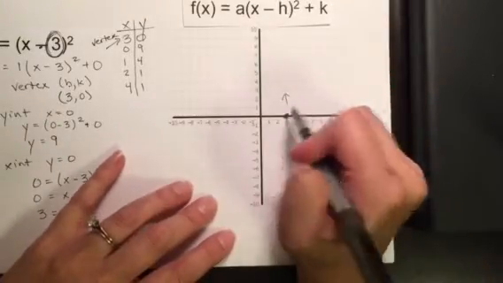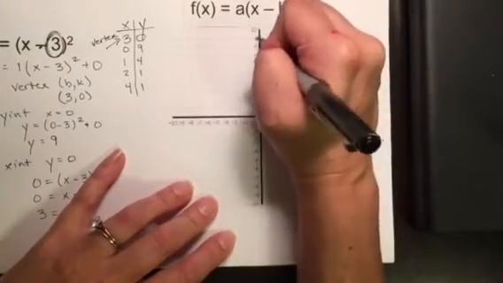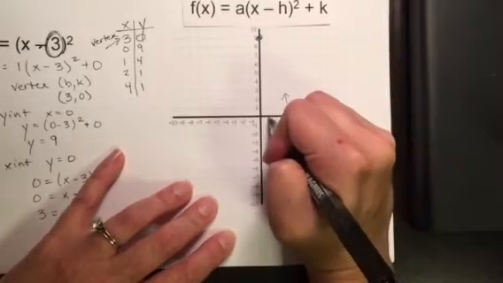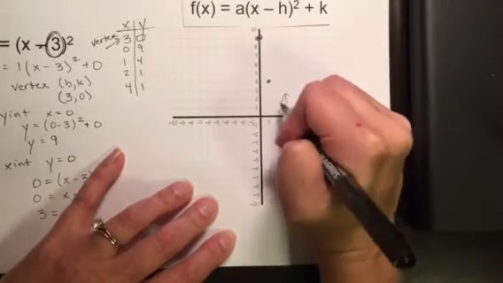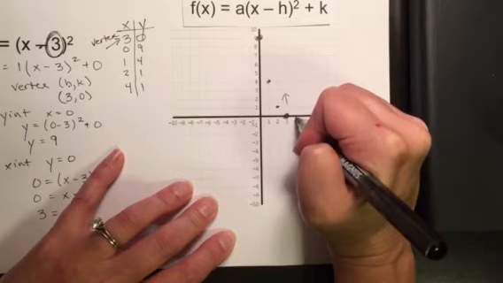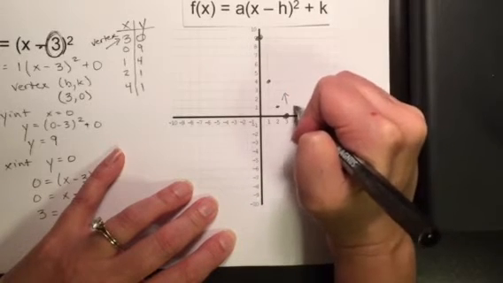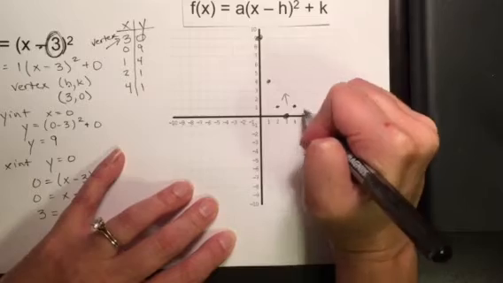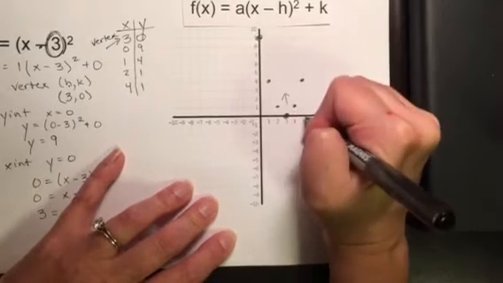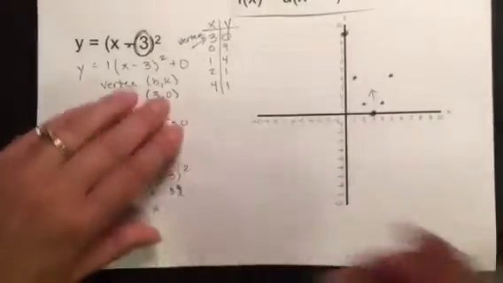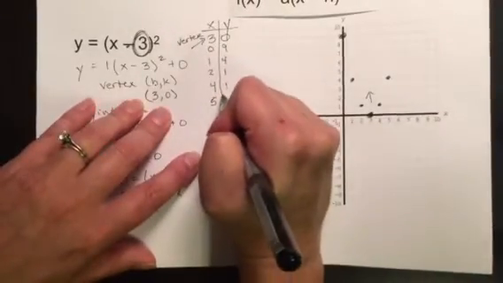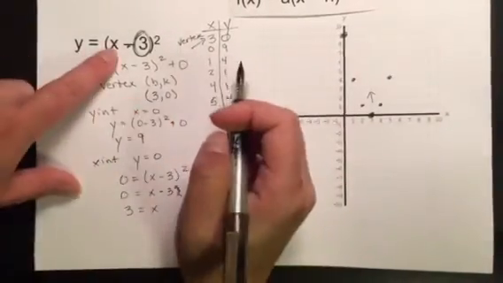All right, so I've got my 3, 0, 0, 9, and then 1, 4, and 2, 1, and then here I have 4, 1, and just to make that point about symmetry, 5 should be 5, 4. So I'm going to plug that in real quick and double check.